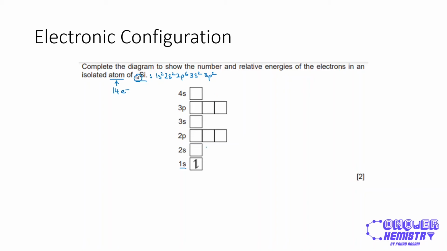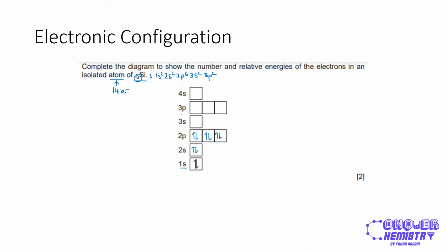So that's correct. 2s gets 2 electrons in its one and only orbital with opposite spin directions to minimize spin pair repulsion. And we have the 2p subshell. Each electron is assigned to its own orbital amongst the 3 before each orbital gets a second electron with the opposite spin direction to minimize repulsion within the orbital.